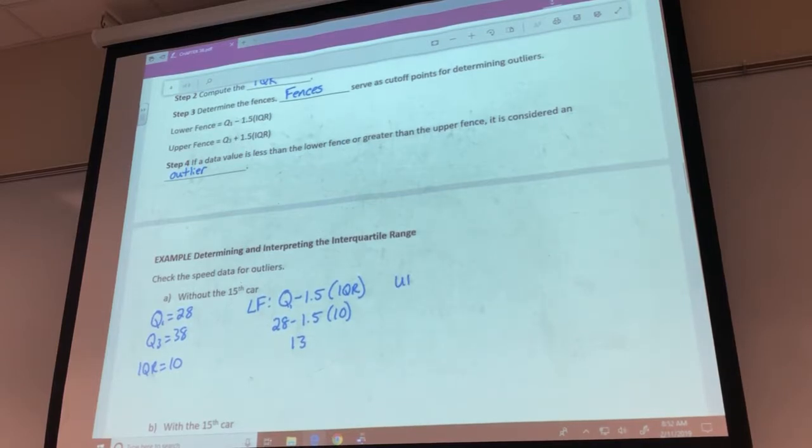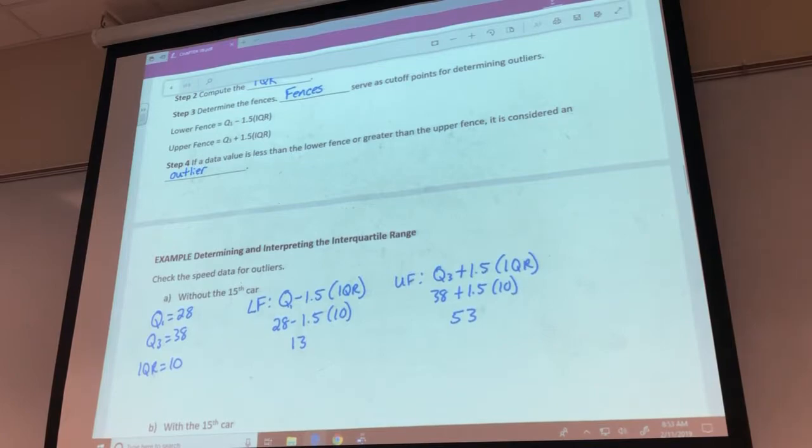And then if you do your upper fence, you've got Q3 plus 1.5 times your IQR. This is 38 plus 15, which is 53. Okay, so those are our fences, 13 and 53.